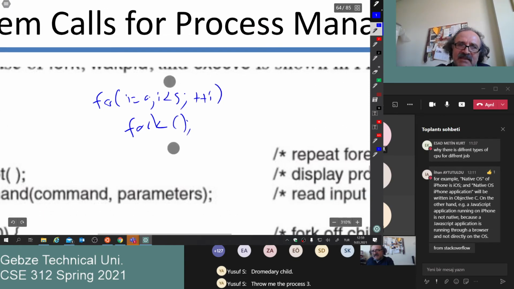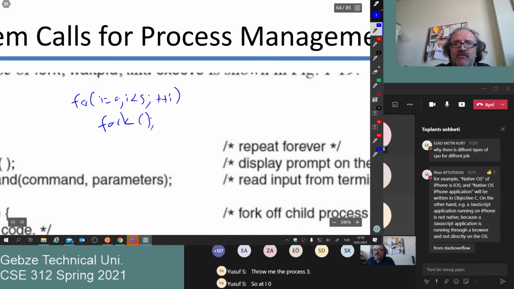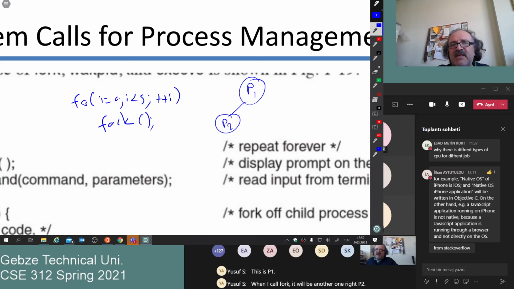So at i = 0, when I call fork, this is P1. When I call fork, it will be another one, right? P2. So this will be created at i = 0. How about i = 1 now? When i is 1, what happens?